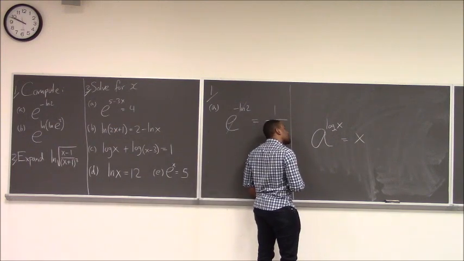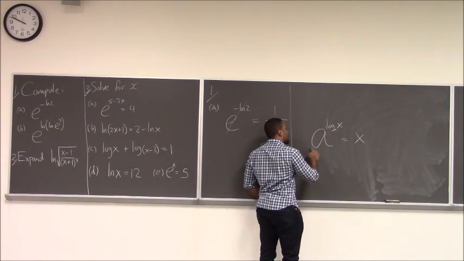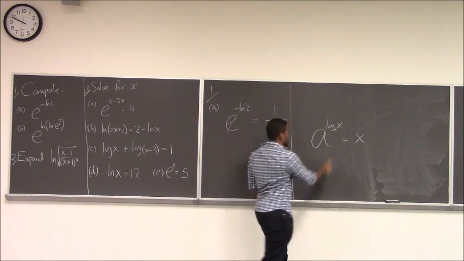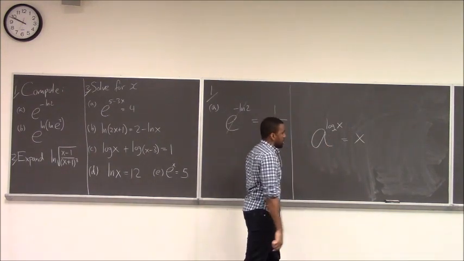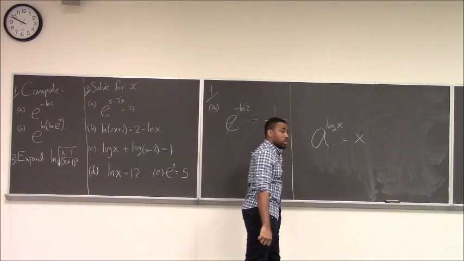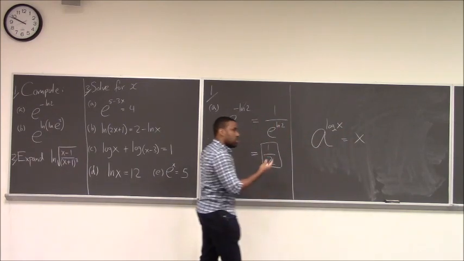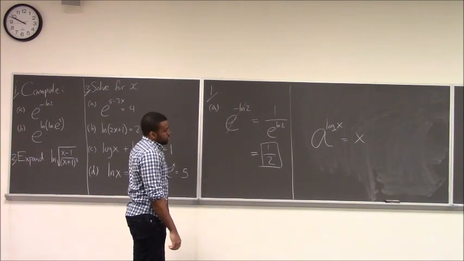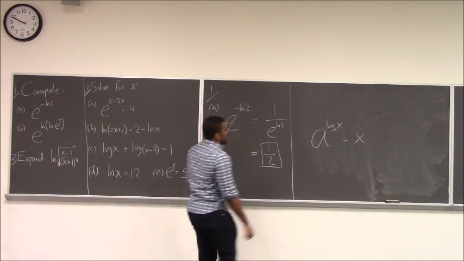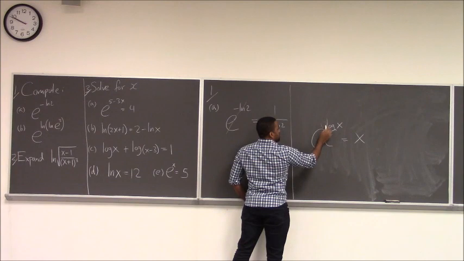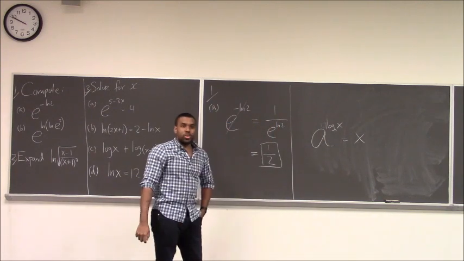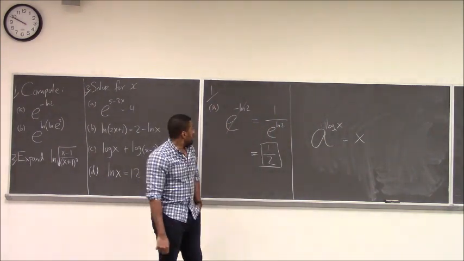You should recognize from this rule that I'm thinking of a as a constant that's bigger than 1. My x can be a variable as long as it is greater than 0 to be in the domain of the log. You should understand all that. You should also recognize in this rule that there is no number in front of the log. It's also important to realize what's not in the rule.